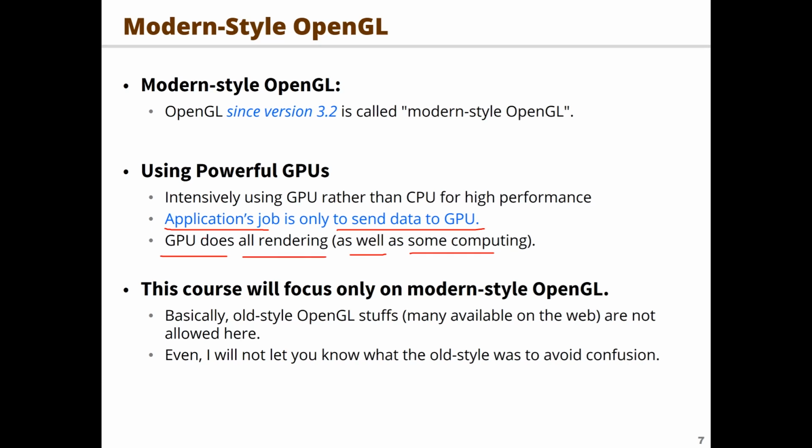That is important. If old style code is found in your assignment, that basically means cheating; you're cheating from a web source. If you don't know exactly what modern style or old style OpenGL means, then don't use web code for your assignments. The samples I distribute in this course are the only ones allowed for your assignments.